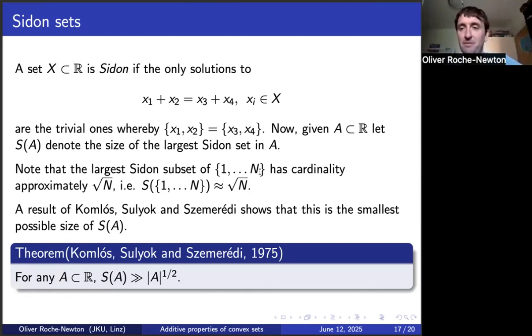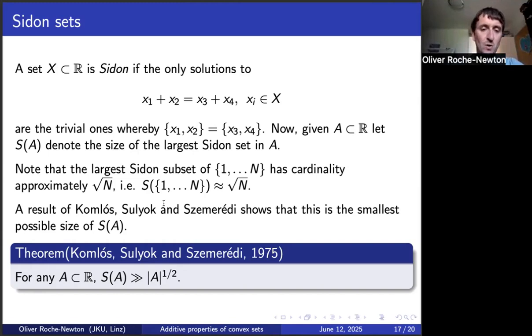It's a very structured example, and there isn't one with more structure. So for every set, no matter what it is, you can find a large Sidon subset of size about root of A. The proof there is that they somehow project this generic set down to be densely packed in the integers. It's kind of pretty clever and a bit mysterious, I think.